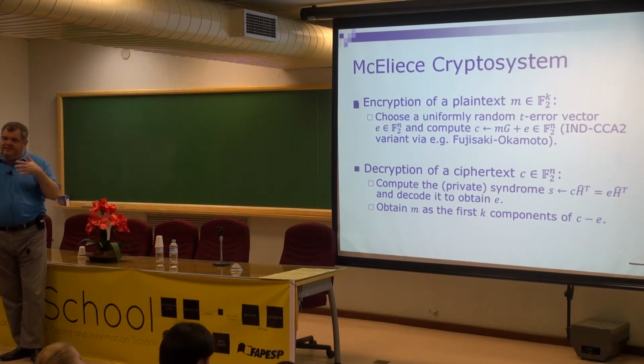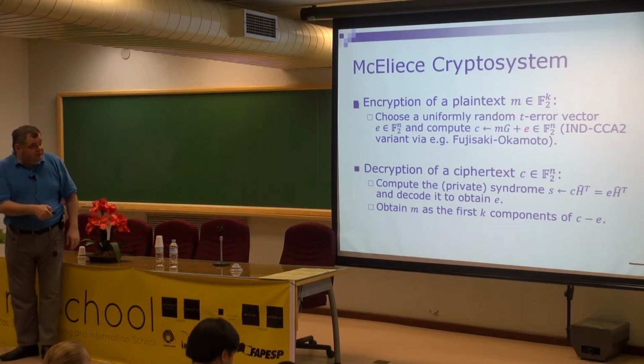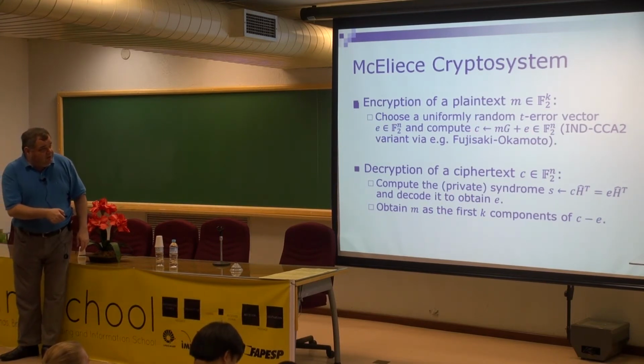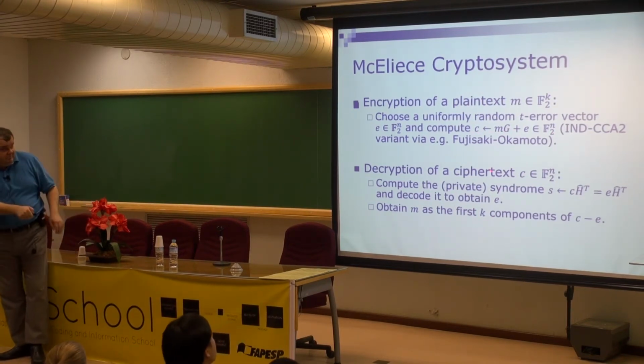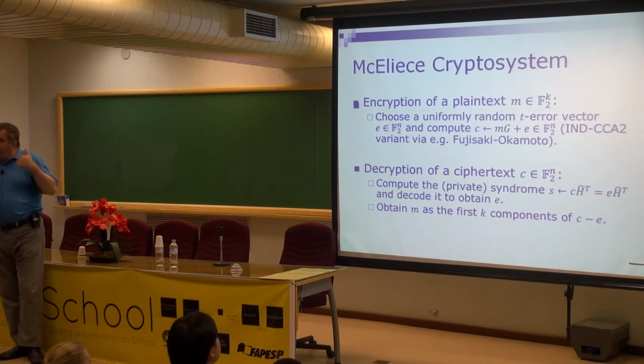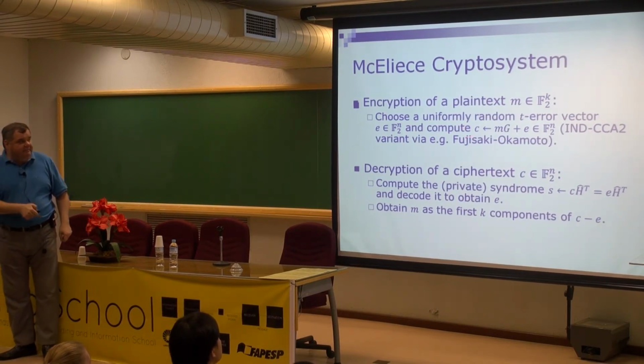It's chosen so that correcting the T errors is hard, and we introduce those errors. So the code word with errors, C, is the cryptogram, the cipher text associated to message M in the McEliece crypto system.